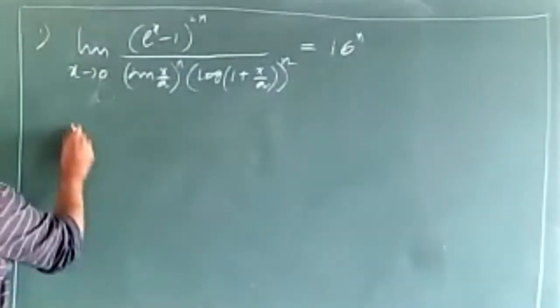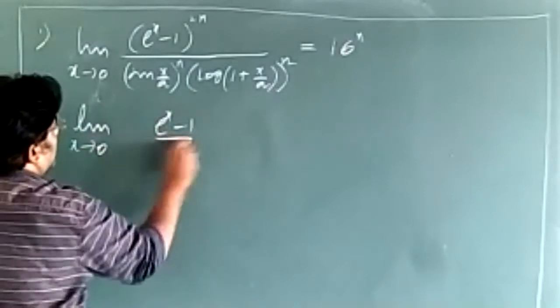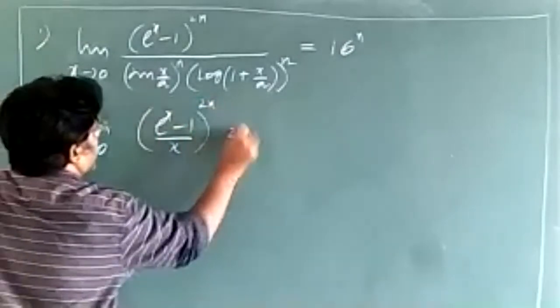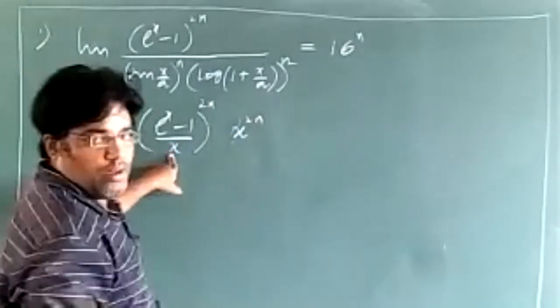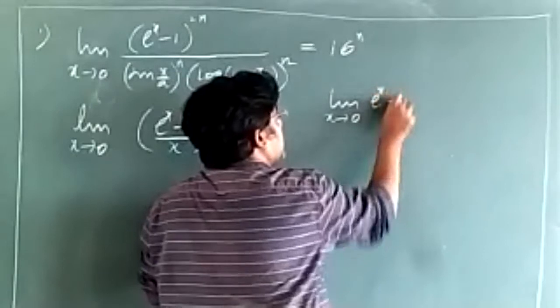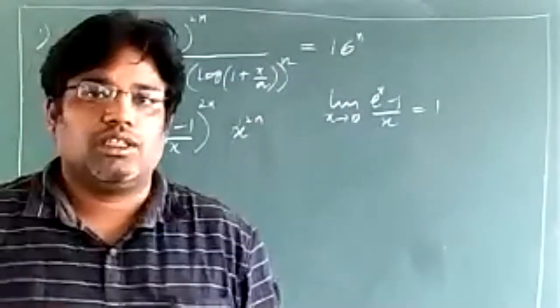In order to use the formula, limit x tends to 0 of (e^x minus 1) by x is nothing but 1. L'Hospital's rule is complicated, so you have to use formulas.